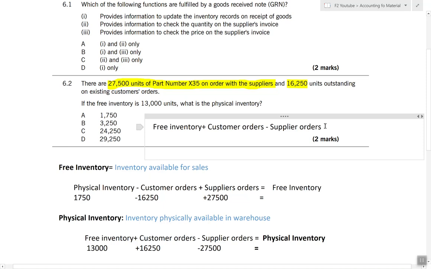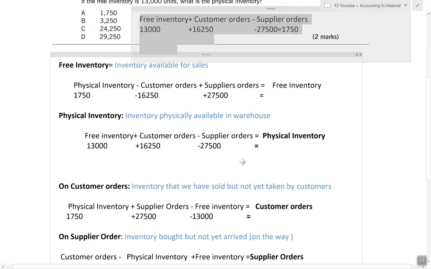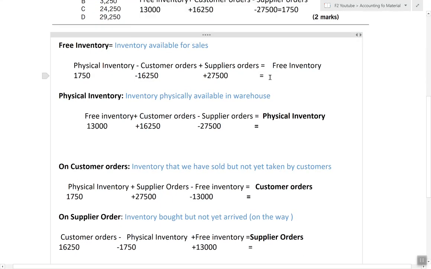Remember, physical inventory is free inventory, which is 13,000 plus on customers' orders, 16,050, minus suppliers' orders, which is 27,500, becomes 1,750. So what I've done is I've put these figures in all of these formulas to prove that if 3 of them is given, you can find the third one.